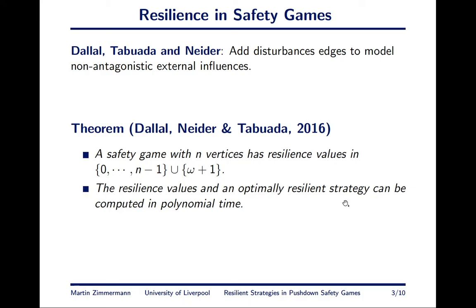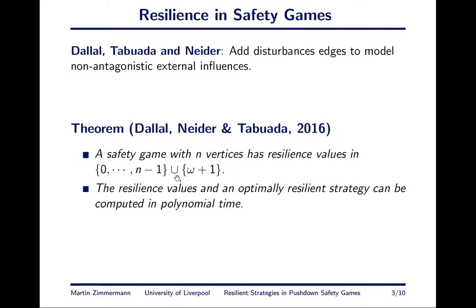Let me, before I continue, quickly comment on why we call this value omega plus 1. So if you look at this, you have here the finite ordinals, and then you have omega plus 1. So the question is, what about omega? And it turns out that if you have a different type of winning condition, so for example, a reachability condition or a parity condition, then you may have vertices with resilience value omega.